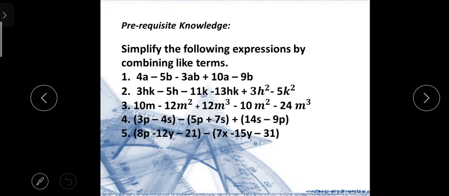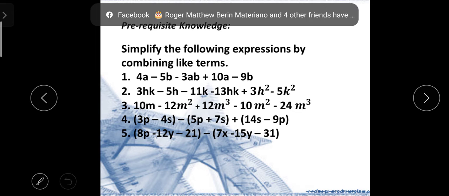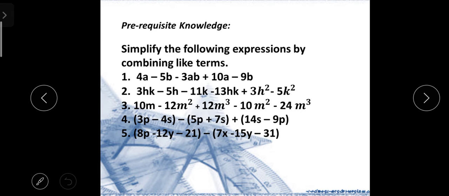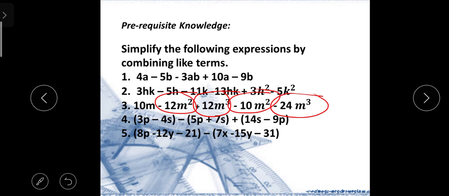Number 3, 10m minus 12m squared plus 12m cubed minus 10m squared minus 24m cubed. Anong like terms? Okay, so we have 12m squared and 10m squared and 12m cubed at 24m cubed.